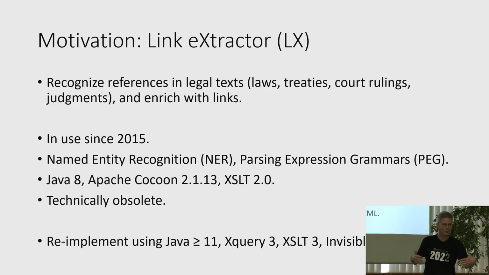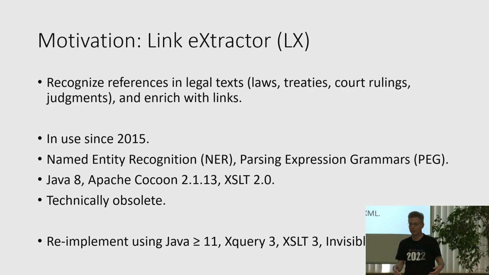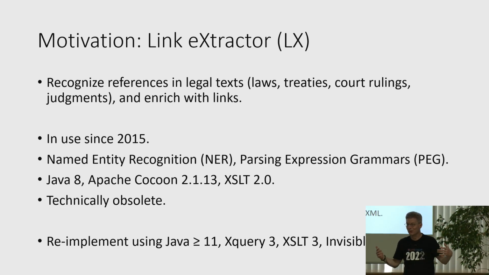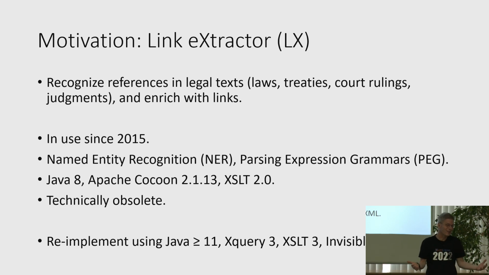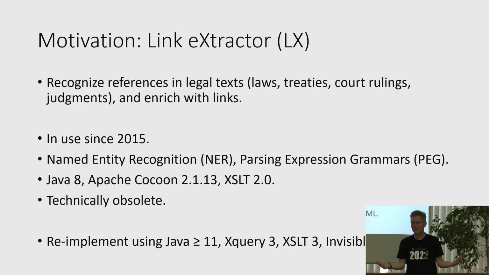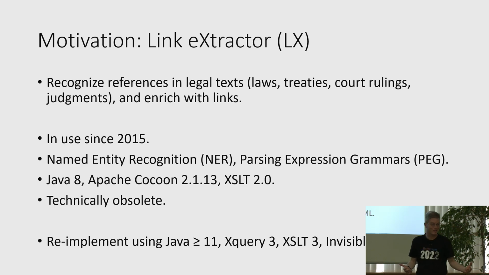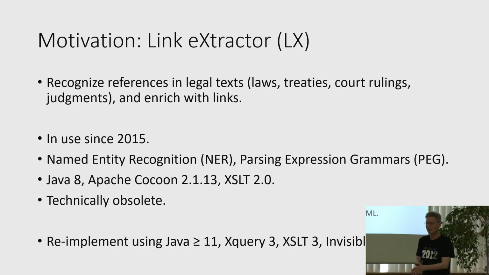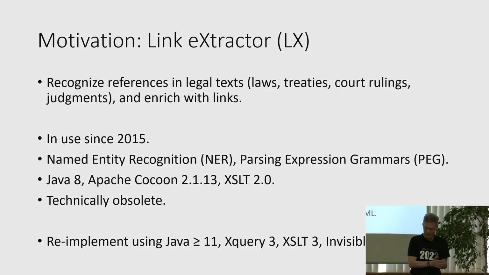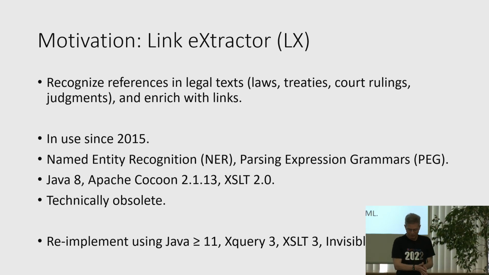Several of the customers using this have said, we can't use this, it's not safe or secure anymore. We tried to show that you can still use it, there's no risk, but they wanted to upgrade it anyway, and we said, well, that would be an interesting project. So at the moment, we've started to re-implement this using Java 11 or higher, XQuery 3, XSLT3, and invisible XML.